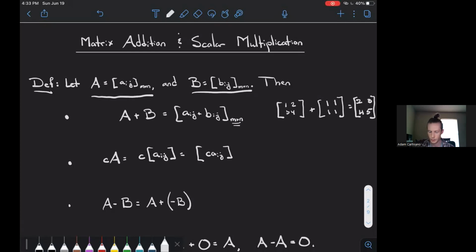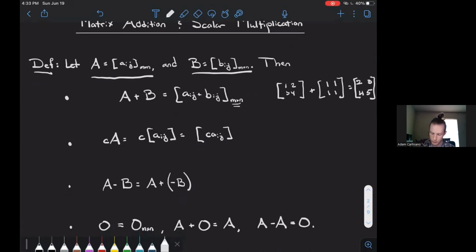Okay, so for example, 2 times 1, 3, 5, 7 is, well, in every entry, just multiply that entry by the scalar 2. So 2, 6, 10, 14. Just like that.